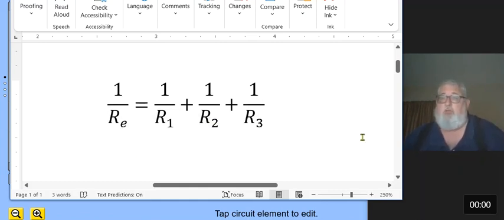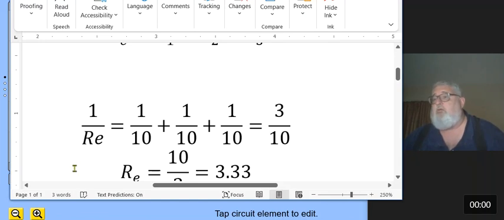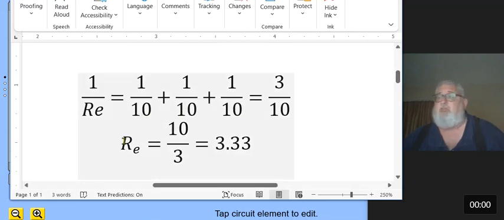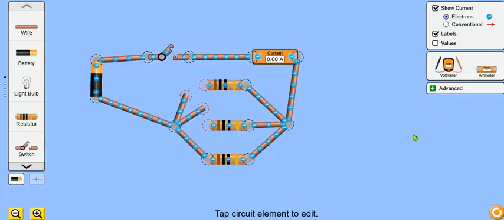If we set these resistors equal to 10 ohms, then 1 over the equivalent resistance is equal to 1/10 plus 1/10 plus 1/10, or 3/10. We can just flip that fraction over, and the equivalent resistance is 10 over 3, or 3.33.